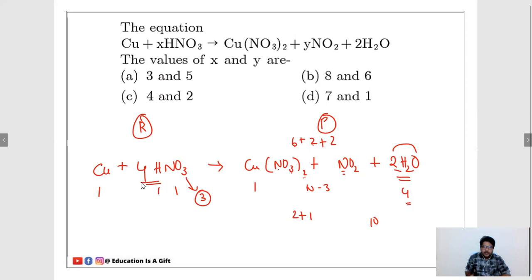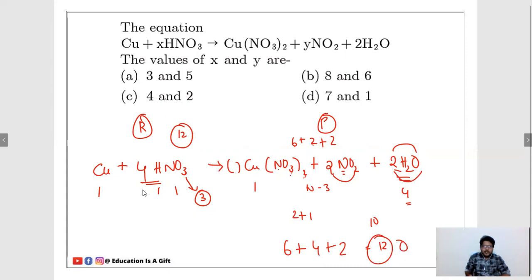Coming to oxygen, we have 4 here, 4 threes is 12 we got. And what we can do, we can place 2 here, oxygen, because if you place some number here, again we have to change this copper. If you place this one, again we have to change this oxygen. If you place 2 here, now count oxygens: 3 into 2, 3 twos are 6, plus 2 into 2, 4, plus 2 into 1, 2, that is equal to 12. Here we got 12 oxygens, here we got 12 oxygens.